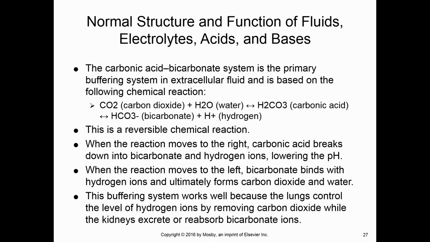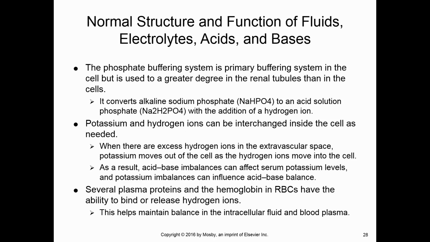Okay, I don't need you to memorize this formula. It's just important to know that this buffering system within the body is a chemical reaction that can help normalize acid-base imbalances in the body. And here's another example of a phosphate buffering system, and how it can normalize acid-base imbalances.